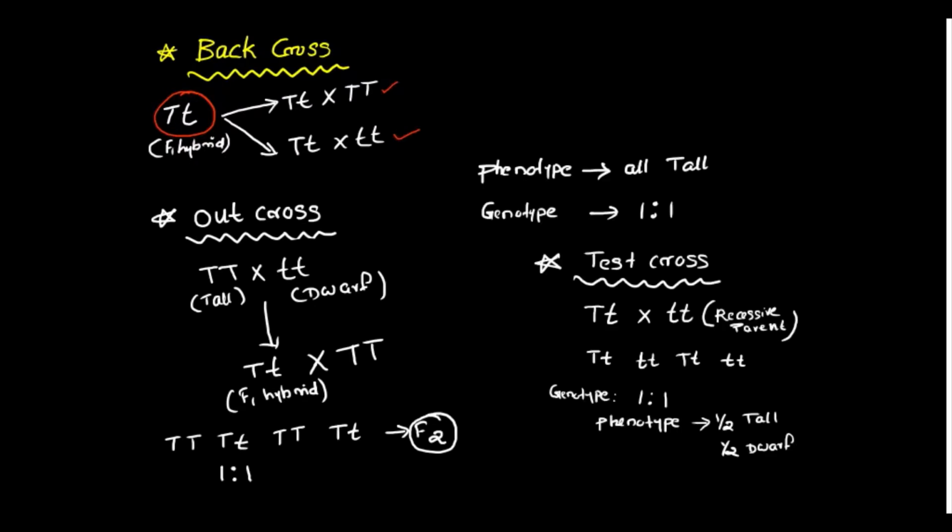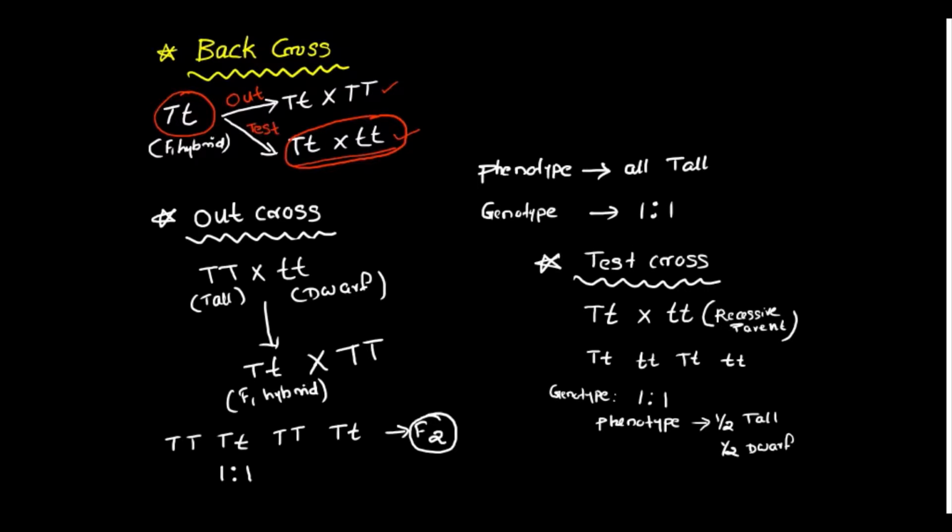If we are crossing this hybrid with homozygous dominant parent, then we call it outcross. If we are crossing hybrid with homozygous recessive parent, then we call it test cross. So this backcross is a type of test cross, but all the backcross is not test cross.